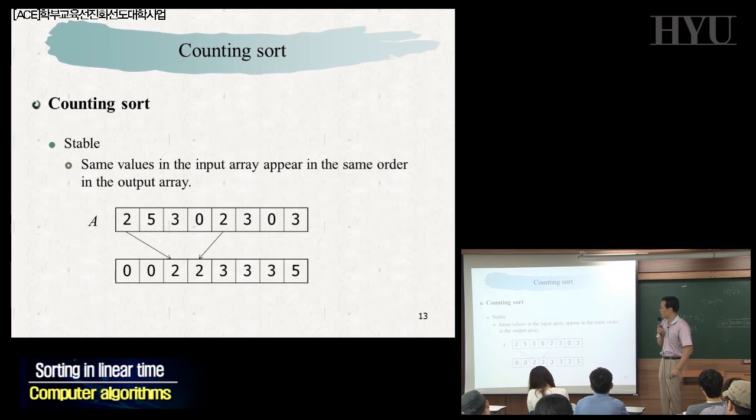And being stable means when they are sorted, the orders of same elements should be preserved. For example, this 2 comes from this, and this 2 comes from this.